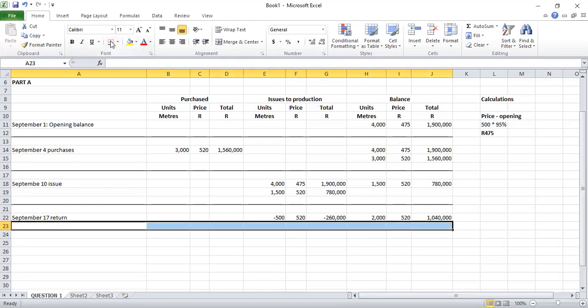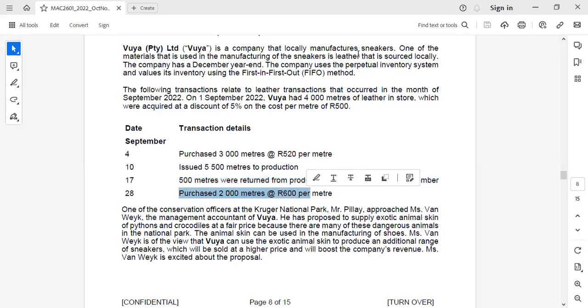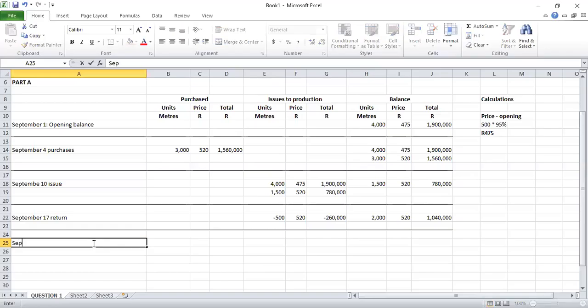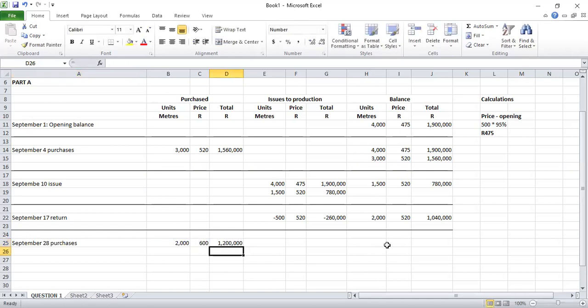Right. Then they purchased the 2,000 at 600 on 28. 2,000 at 600. The total will be, right.